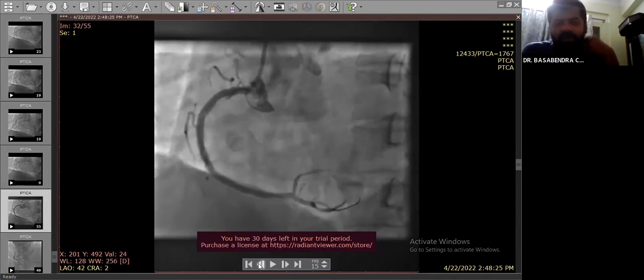So though it was a case of acute inferior wall MI, rather than the thrombotic complication, it was the calcific and diffuse nature of the disease which put us into trouble.